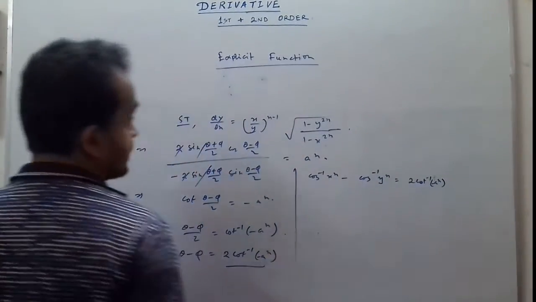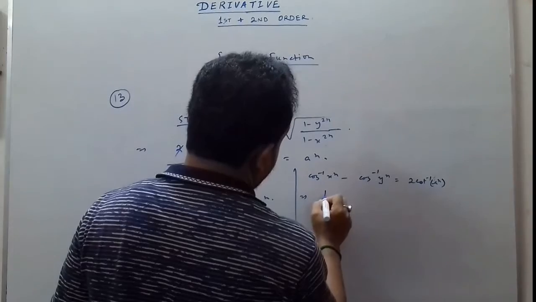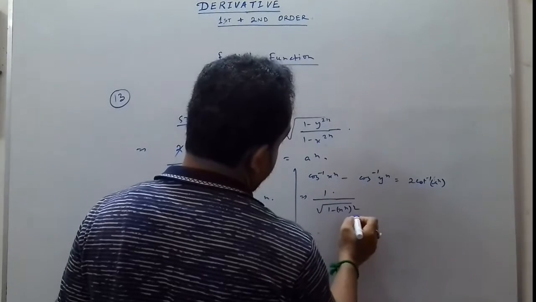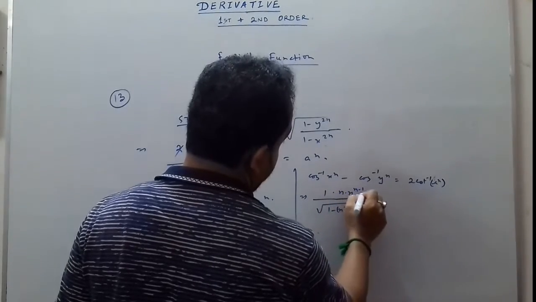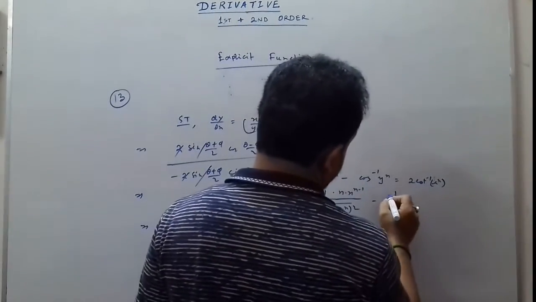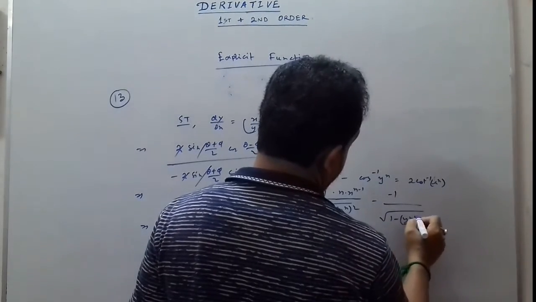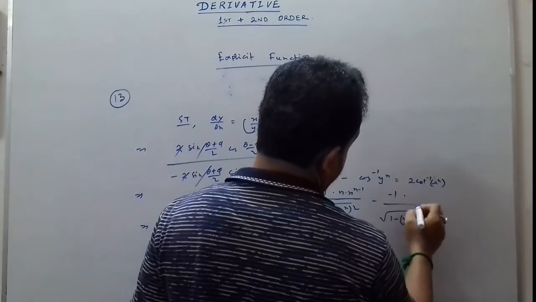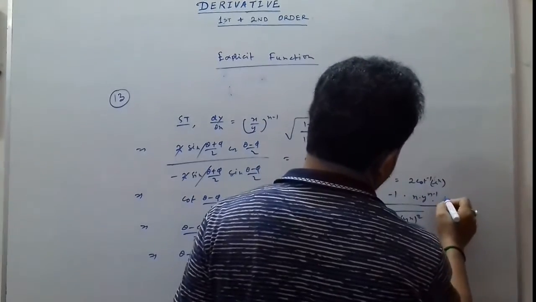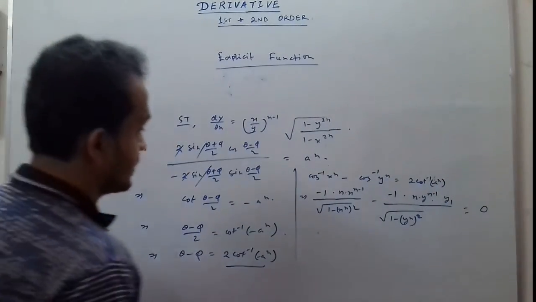This one is minus. Now differentiating with respect to x on both sides, you will get here 1 over root under 1 minus x power n whole square into derivative of x power n, which is n into x power n minus 1, minus 1 over root under 1 minus y power n whole power 2 and derivative of y power n is n into y power n minus 1 into derivative y1. On the right side it is equal to 0 because it is a constant, derivative of constant is equal to 0.